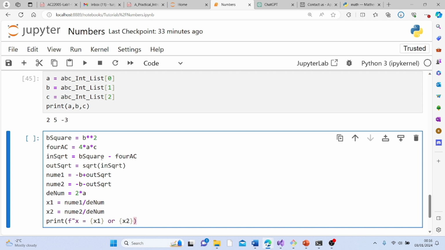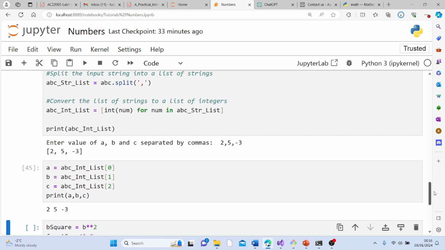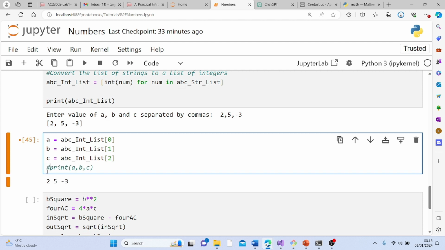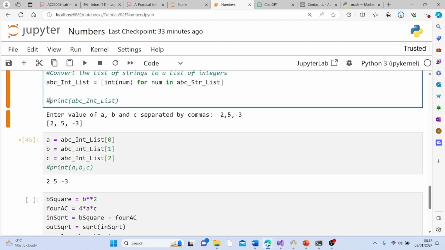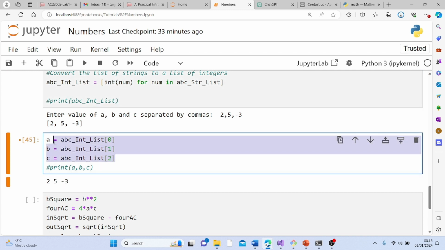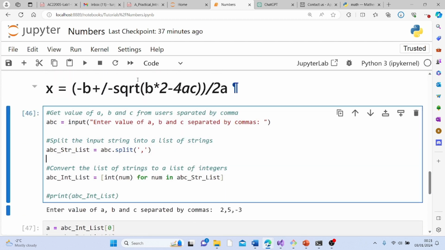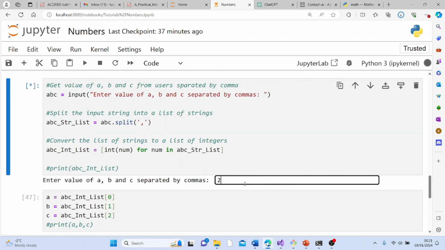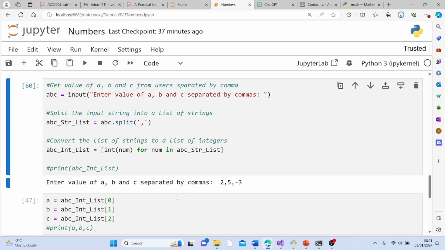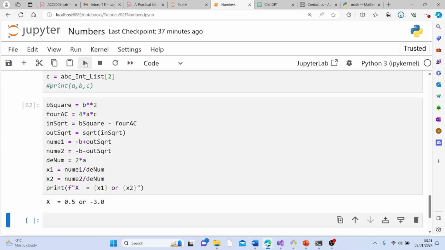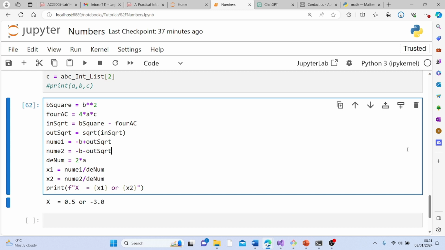So we can see how this works now. Let's bring it all together. So we are not printing this anymore. If I put everything here, it takes the input from the user, 2, 5 and -3, and enters it, and this assigns those values to A, B, C, and we use those A, B, C values to compute the root of x, which is 0.5 or -3.